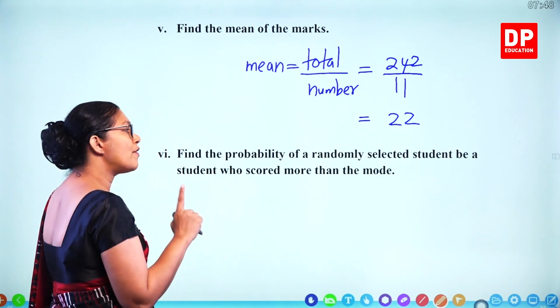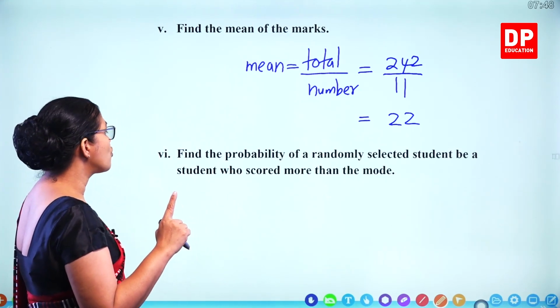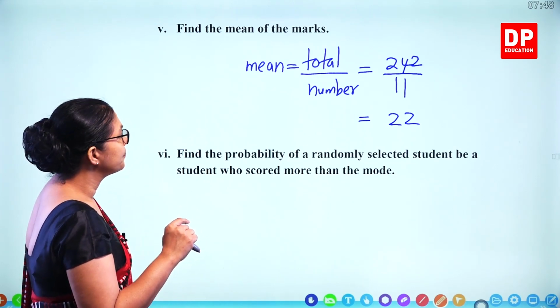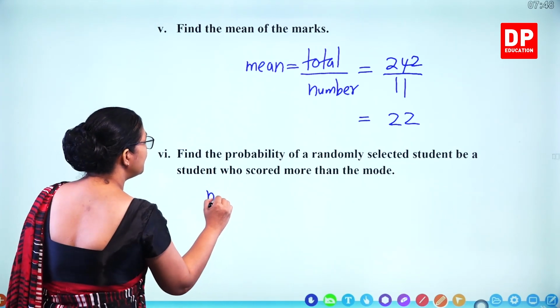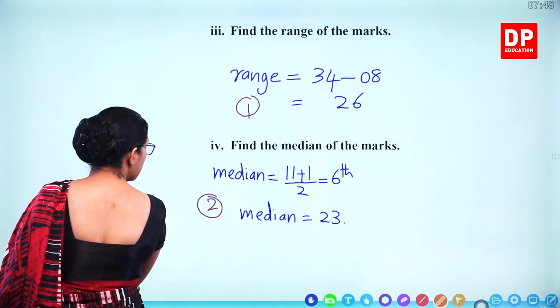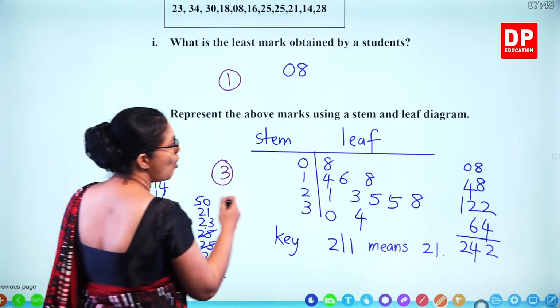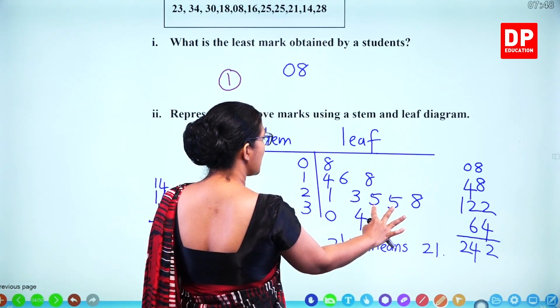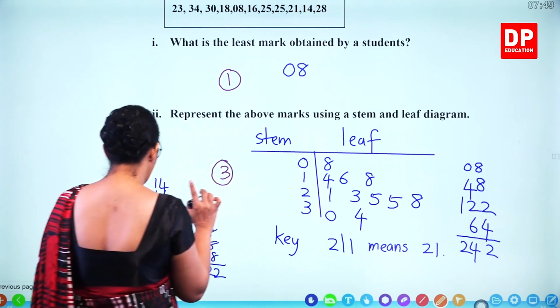Find the probability of a randomly selected student being a student who scored more than the mode. What's the mode value? According to the data set, what's the mode value? One which has the highest frequency. 25 twice are there. So 25 is the mode value.